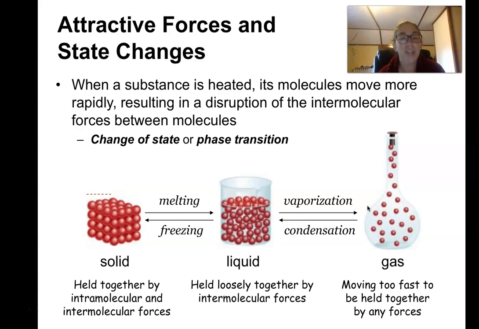These are not chemical changes. These are physical changes. Basically, if you use my analogy from the earlier slide that intermolecular forces are like a bunch of molecules holding hands, they're no longer holding hands when they go into that gas phase. You're breaking that hand holding, but you're not actually breaking the molecules themselves.